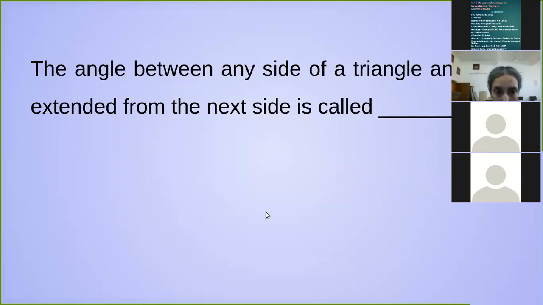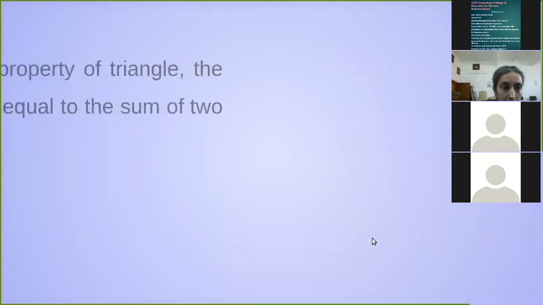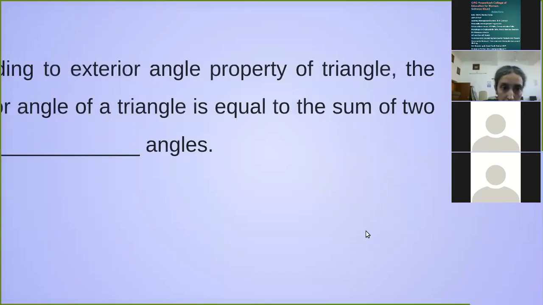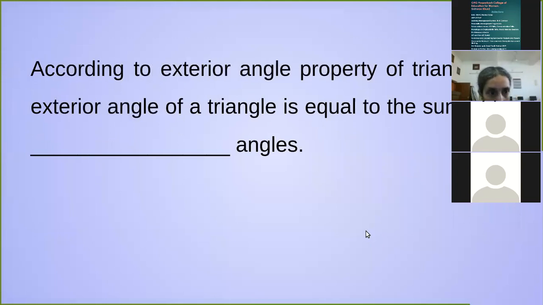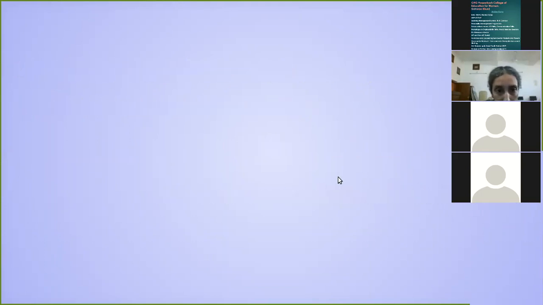The answer is exterior angle. Then the next question is: according to exterior angle property of triangle, the exterior angle of a triangle is equal to the sum of two dash angles. Ma'am, interior angle. Yes, beta, very right. The answer is interior. So you all are very intelligent.